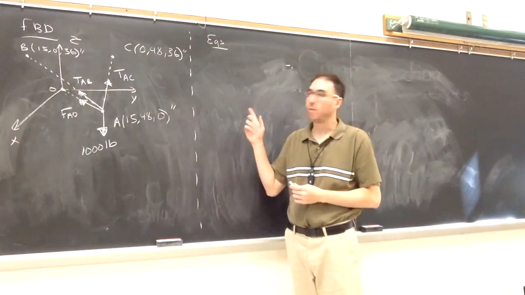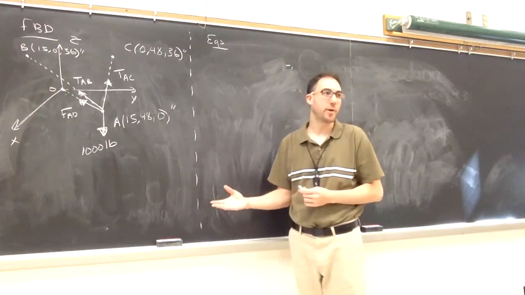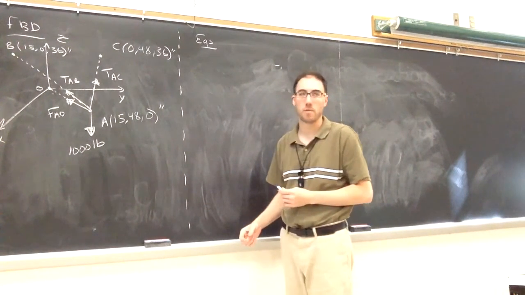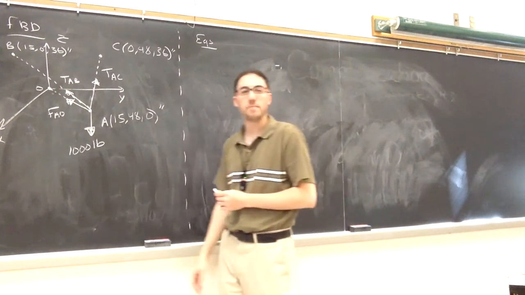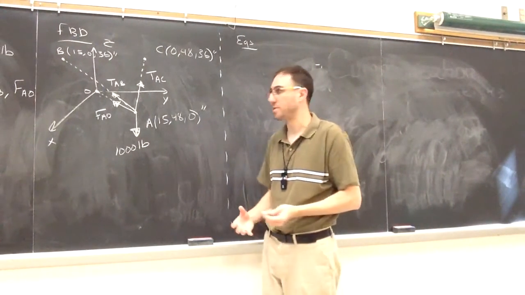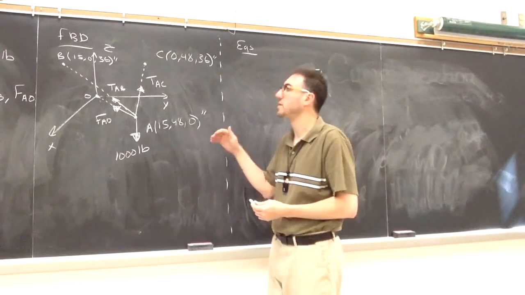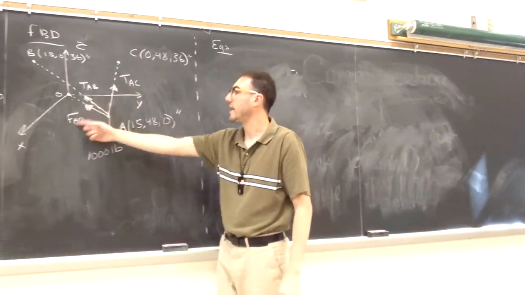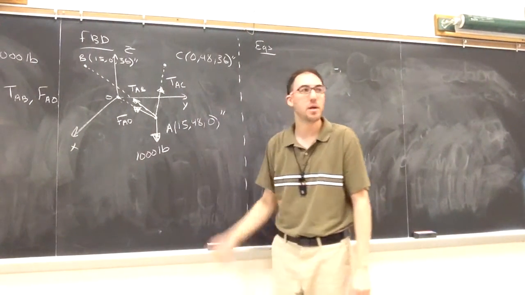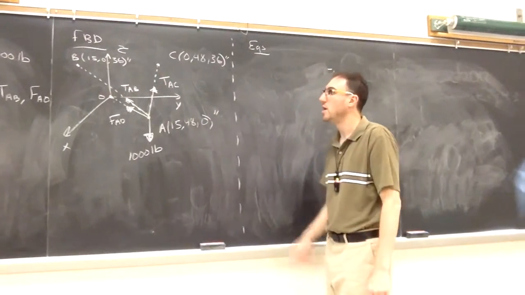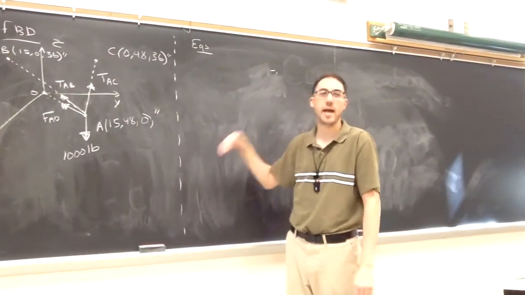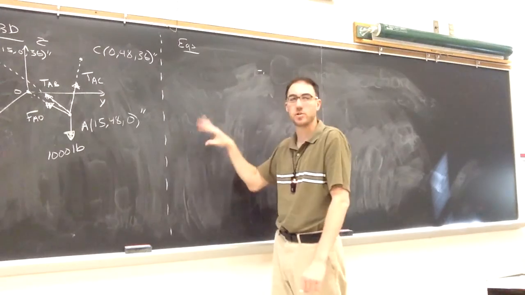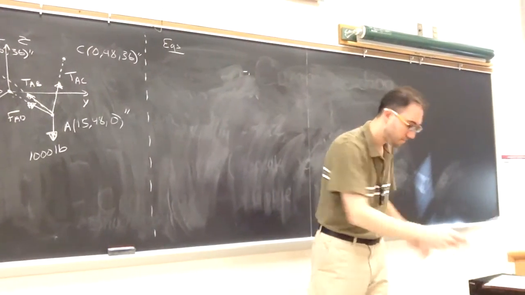When I'm in 3D, either with particle equilibrium or later with rigid body equilibrium, I know I'm going to have to be using unit vectors in the equilibrium steps, so I usually like to start with those first. In this case I need these 3 unit vectors to write my equilibrium equations. I'll start with that step and then write my equilibrium equations, which will be easier to write then.